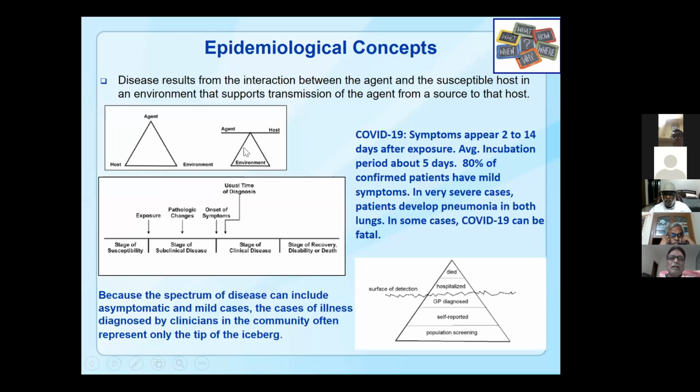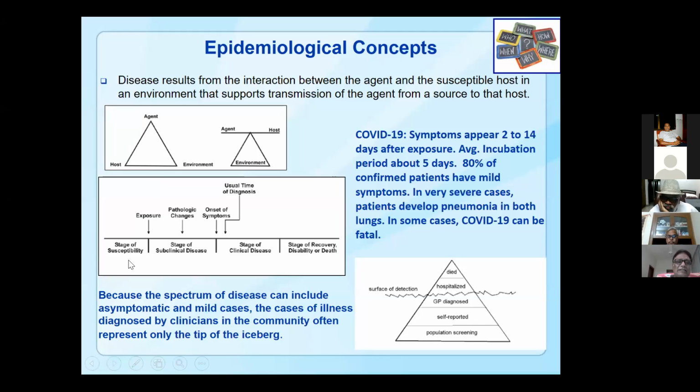And so the idea is, disease doesn't occur only because there is a bacteria or there is a parasite. It also occurs because the human host is susceptible to that disease. And it also occurs because the environment in which the agent is floating around also has to be conducive. So basically we look at agent, host, and environment in order to understand the epidemiology of any disease.